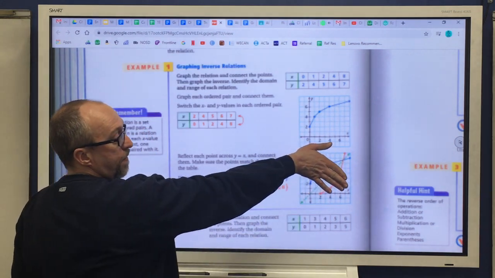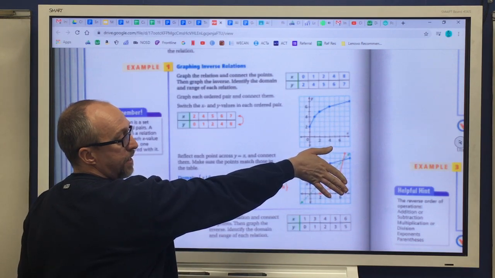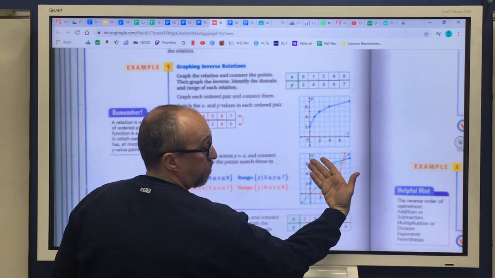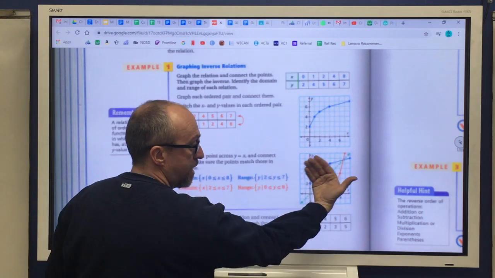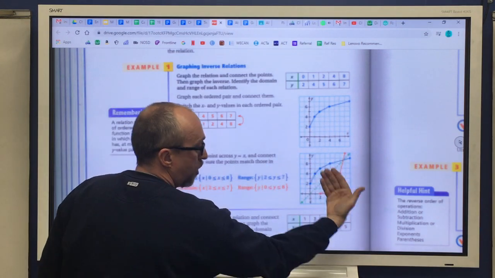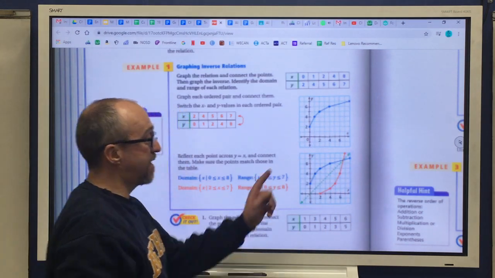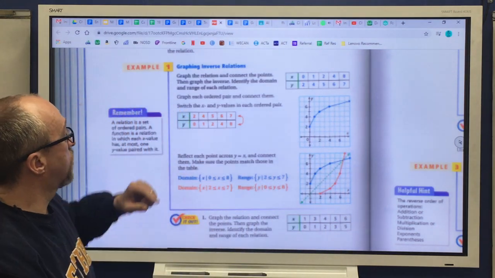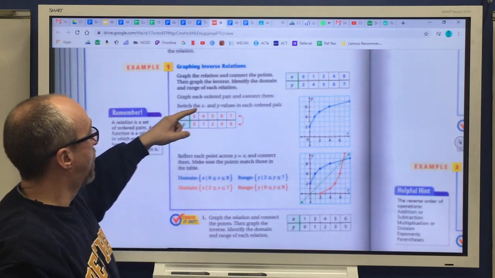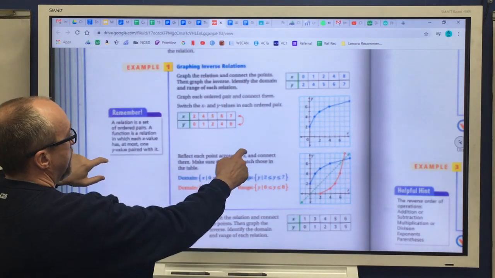If the graph is covering the Y equals X line, it's okay. It'll flip across that line. So what's above ends up below, what is below ends up above. That's how graphing an inverse works. That's how going from a table to the table of the inverse works.